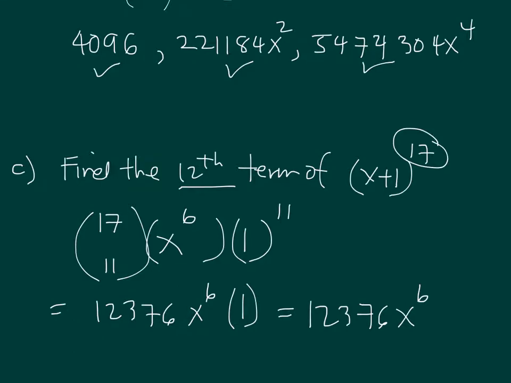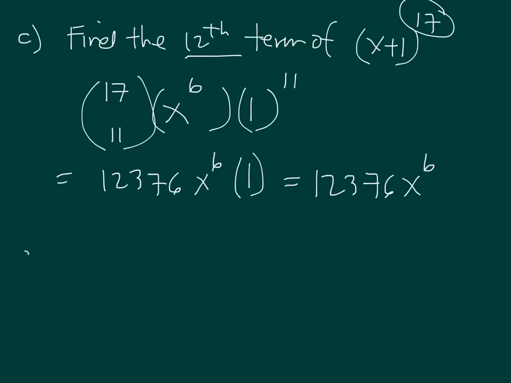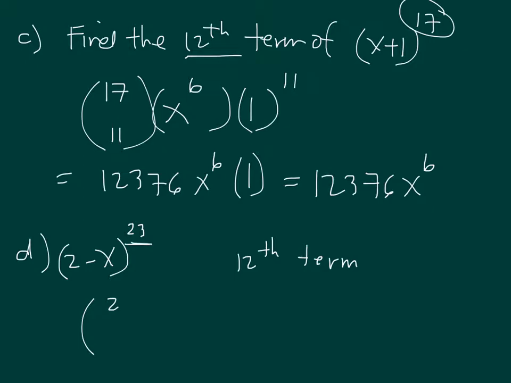Okay, one more example, this time with a minus sign. Say I have 2 minus x, let's reverse the number and x, to the 23. Let's say I still want to find the 12th term. Okay, so again, n is 23, and I'm looking for the 12th term, so r must be equal to 1 less than the term, so 11.